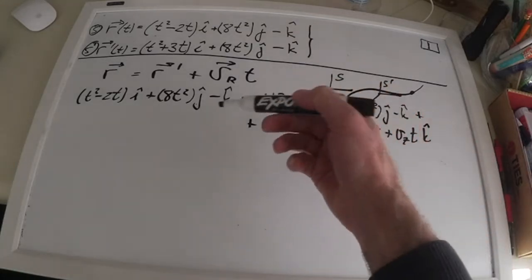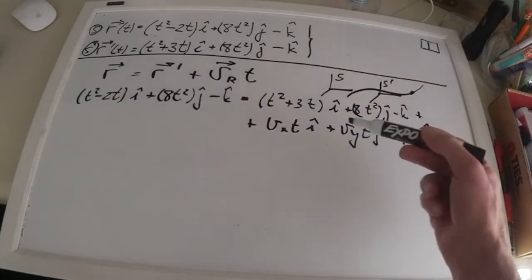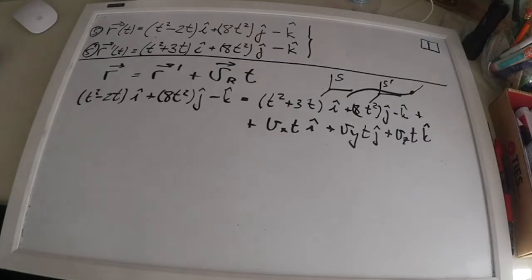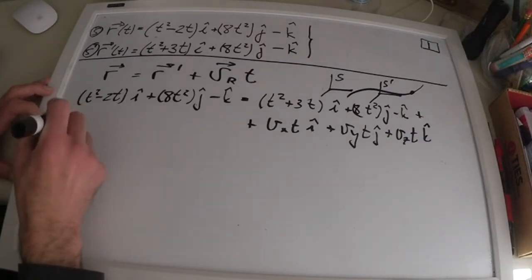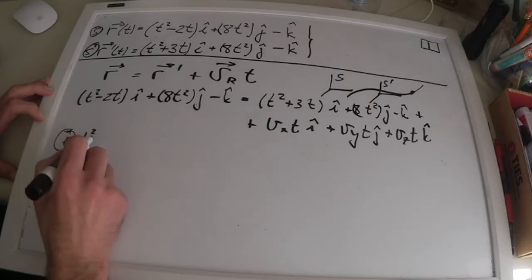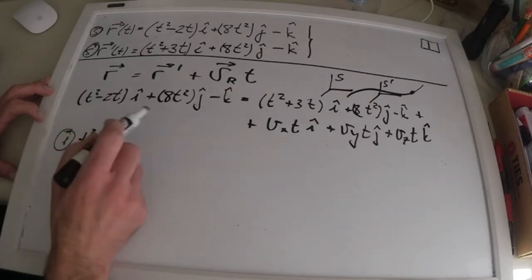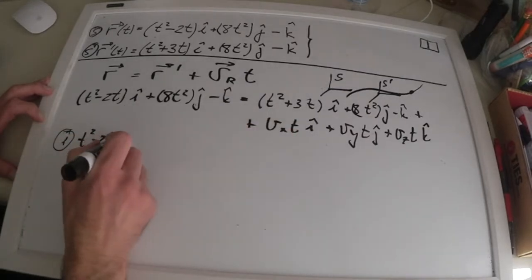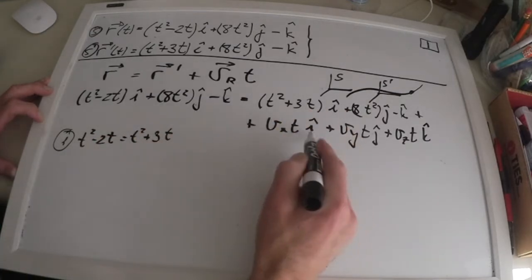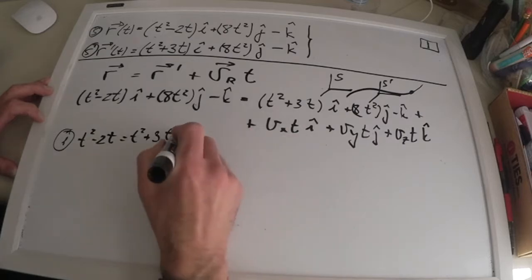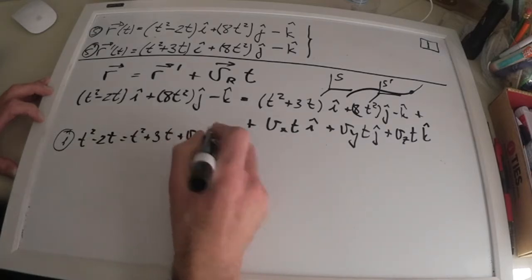Now I will decompose this equation of three dimensions into three equations of one dimension. First, for the i hat direction, I will have t squared minus 2t is equal to t squared plus 3t plus this other term in the i hat direction, vx t.